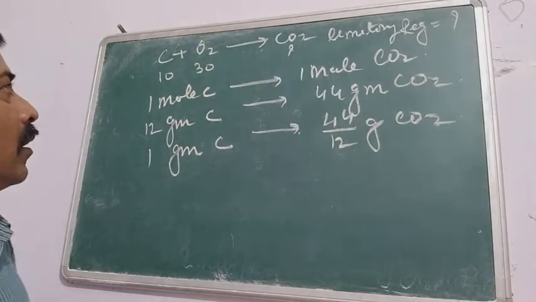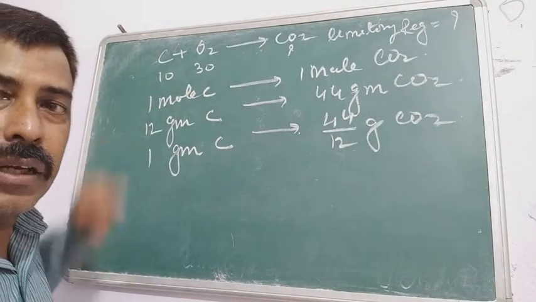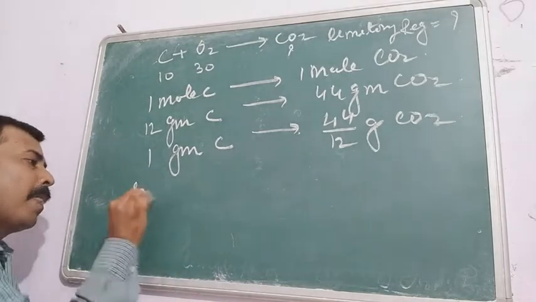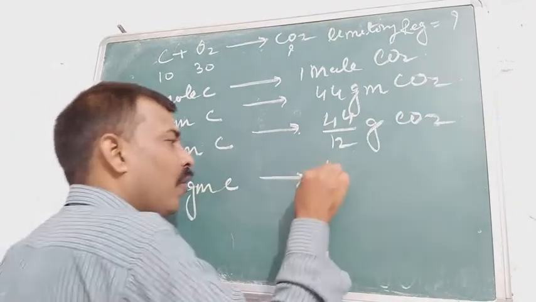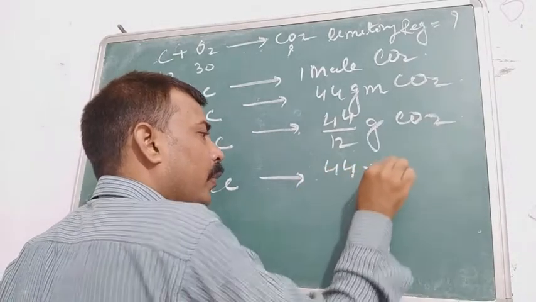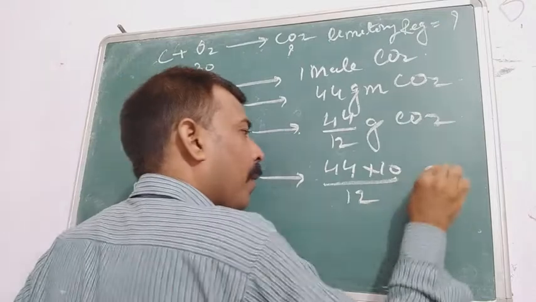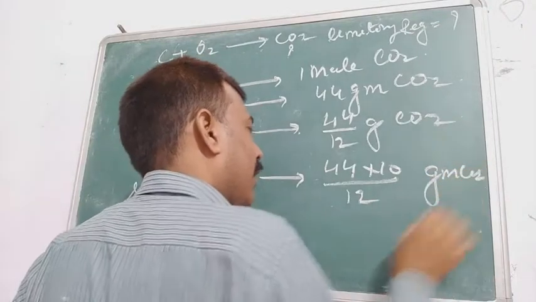And what is the amount of carbon? That is 10 gram. So, 10 gram of carbon will yield 44 into 10 by 12 gram of carbon dioxide.